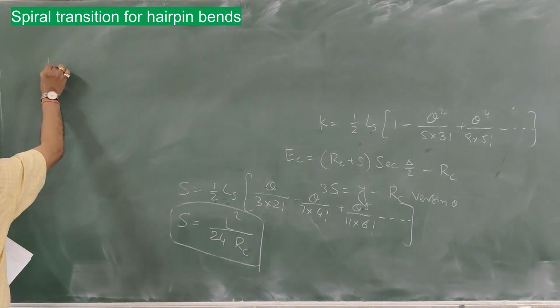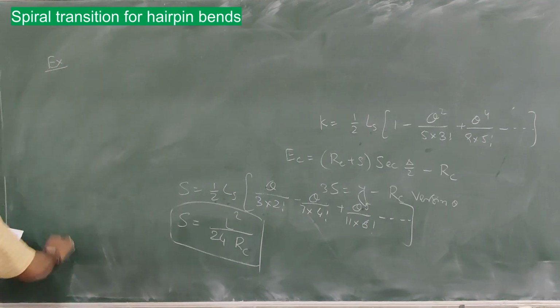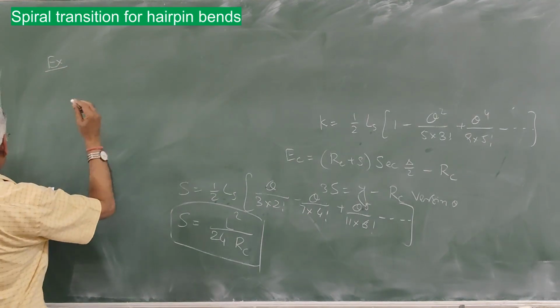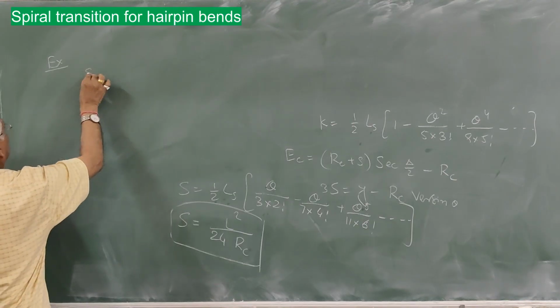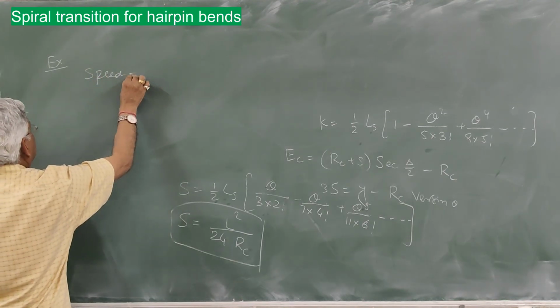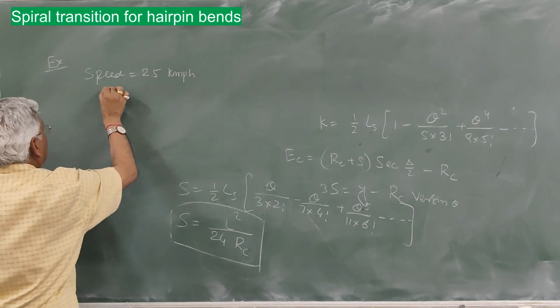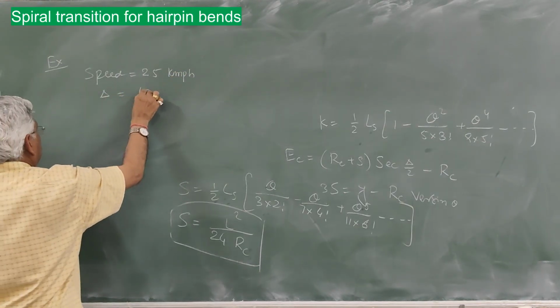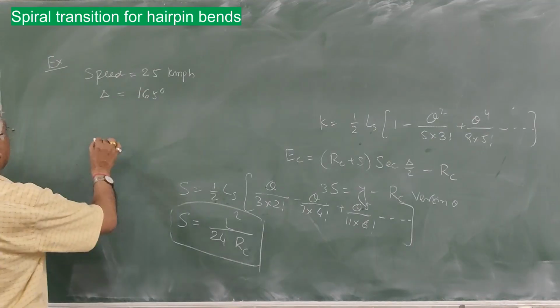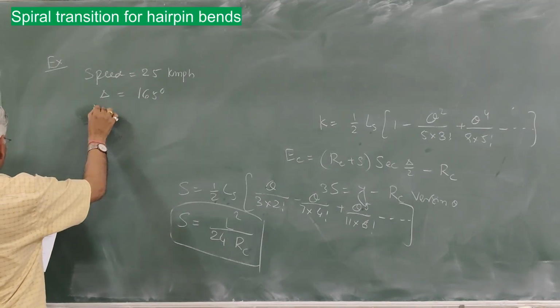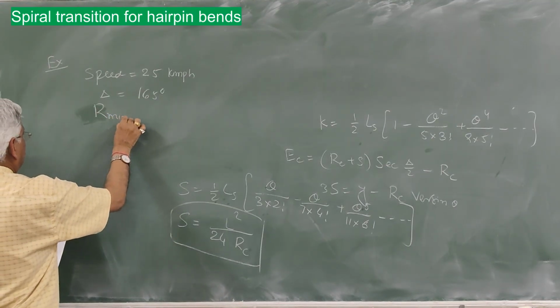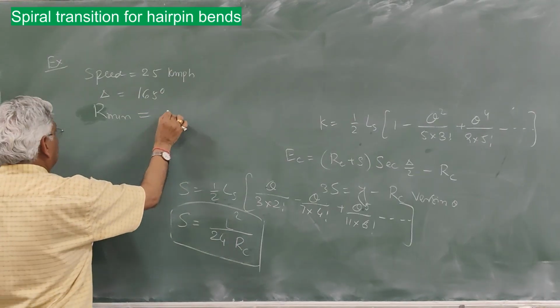So the example is taken from IRC 38. The design speed is 25 km per hour. Deflection angle is 165 degrees. Minimum radius of the curve is 20 meters.